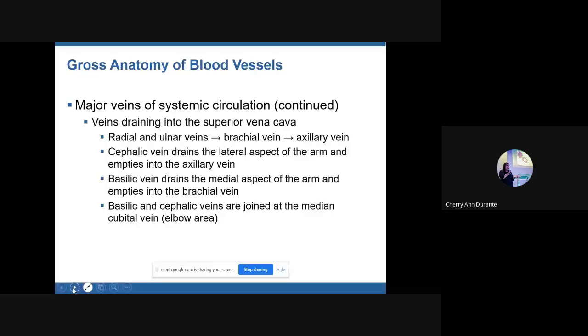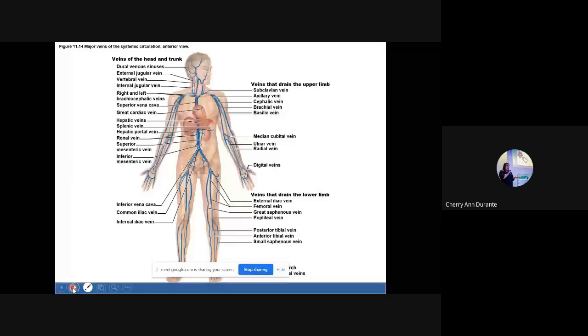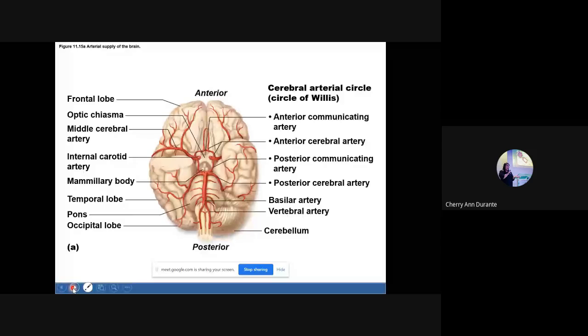Ayun, tingnan natin. So we'll go there. But I gave you also different pictures so that you can know the illustration, you can visualize na sobrang dami nating arteries and veins.